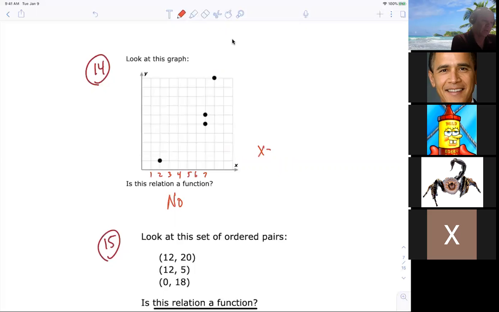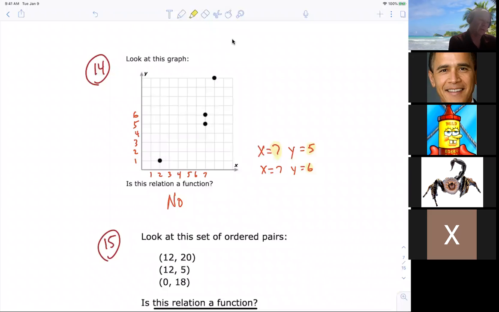When x equals 7, y can be 1, 2, 3, 4, 5, or what? 6. If it's a function, x can only have one y value. All right, because x equals 7 has two y values, it's not a function.